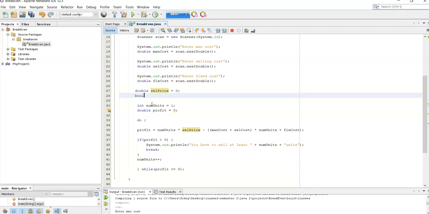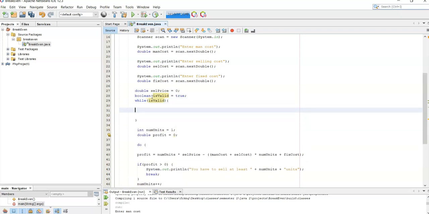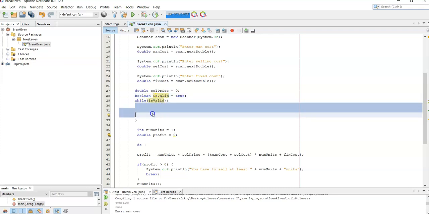So boolean isValid equals true, and then I'm writing a while loop while isValid. I put the boolean as true as a default value, so while isValid is true, my program is going to do something here.